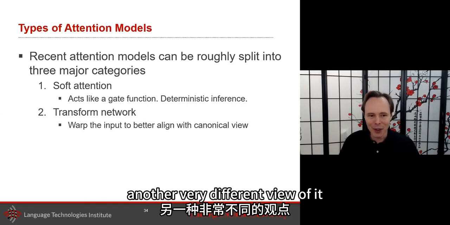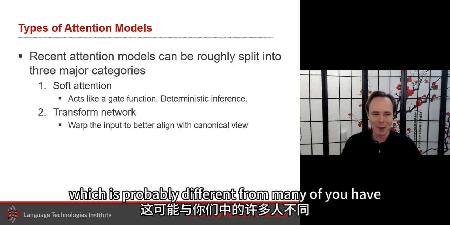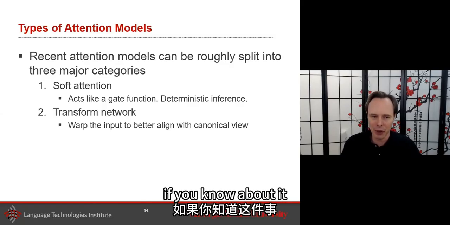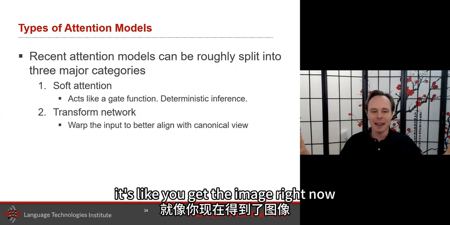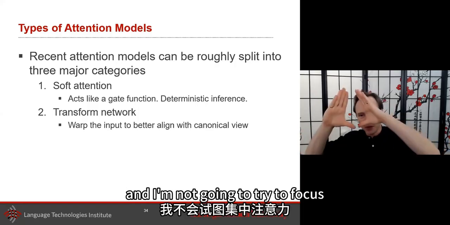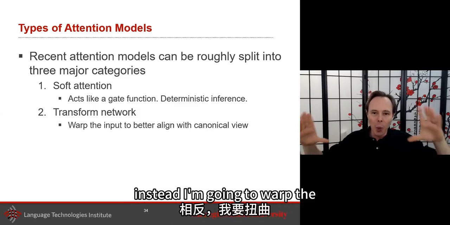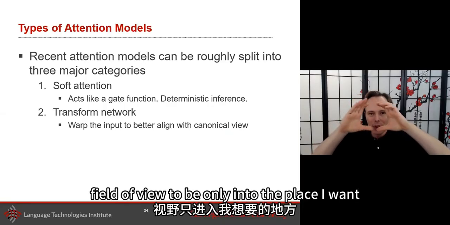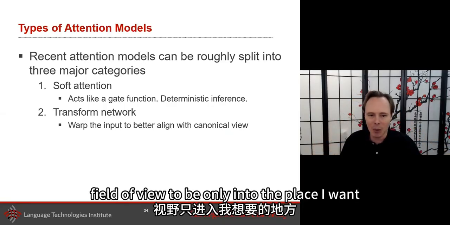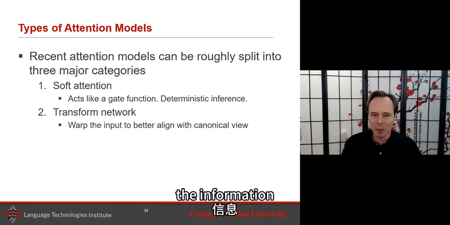Another very different view of attention, which is probably different from what many of you have thought about, is a transformer network. You get the image, and I'm not going to try to focus. Instead, I'm going to warp the field of view to be only into the place where I want the information.